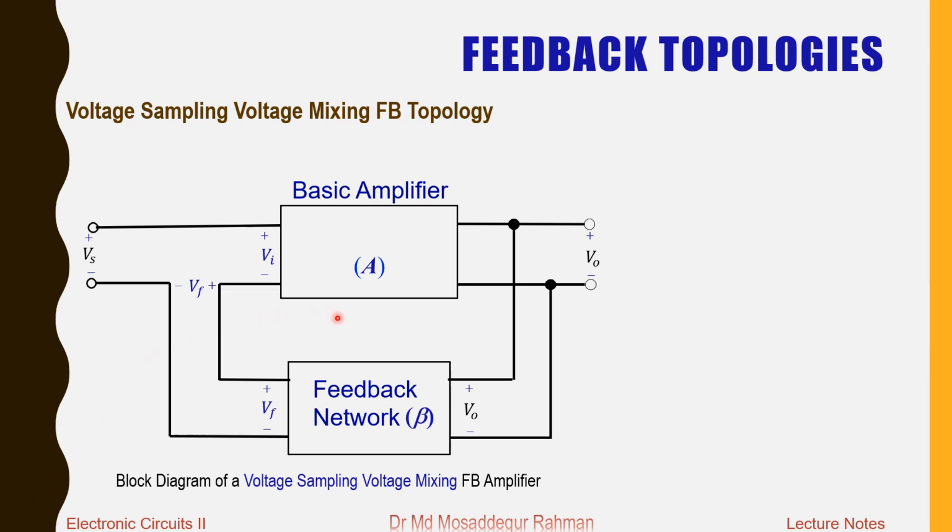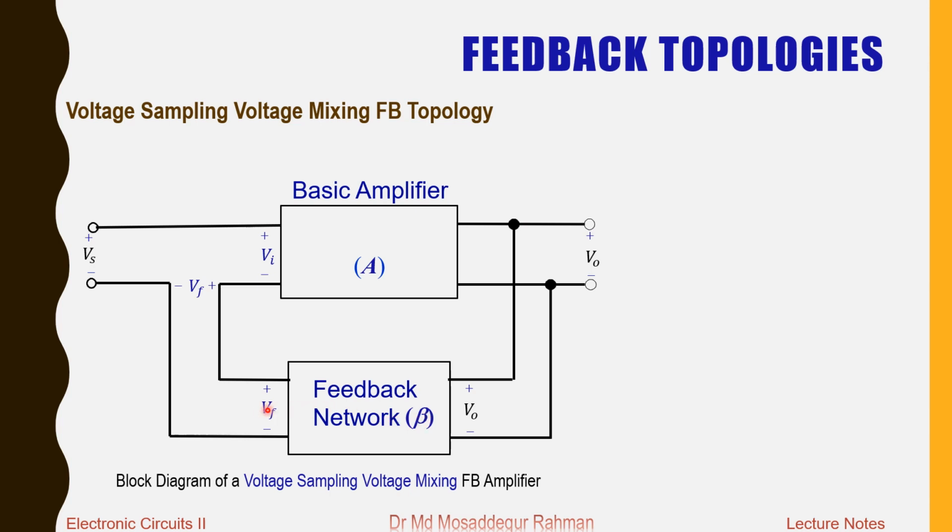So as usual, we have the basic units for the feedback amplifier, the basic amplifier and the feedback network. Now it is sampling voltage at the output. So you see the connection here, that is sampling the output voltage and that is applied to the input of the feedback network.